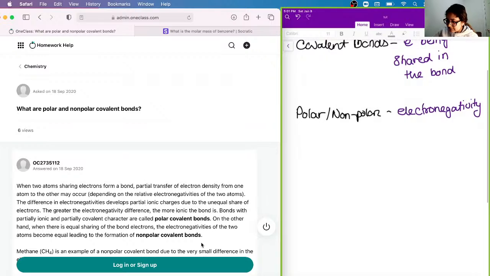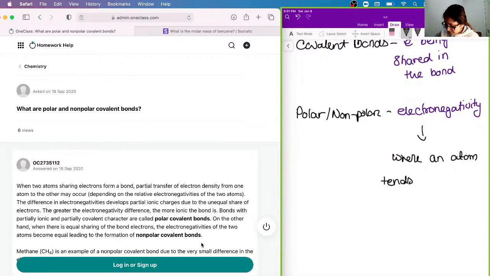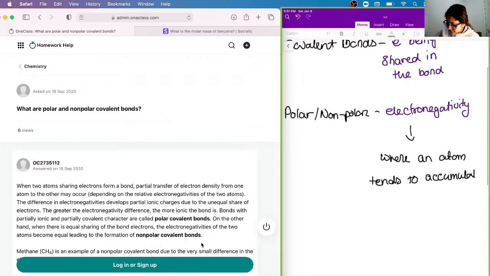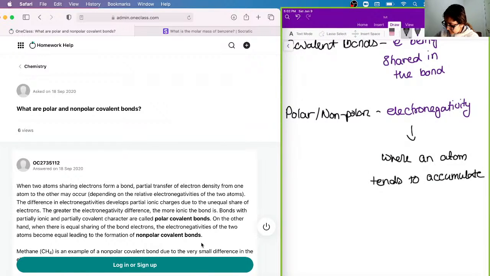When we're talking about electronegativity, there's a tendency for an atom to pull the shared electrons to itself.